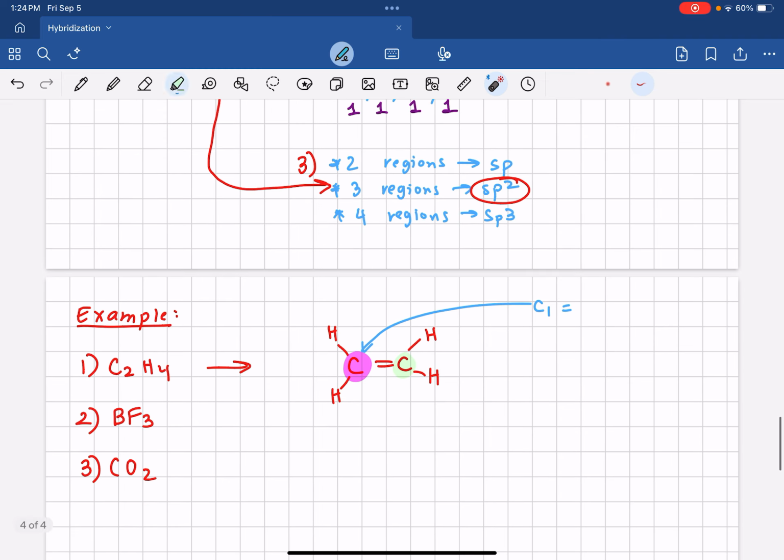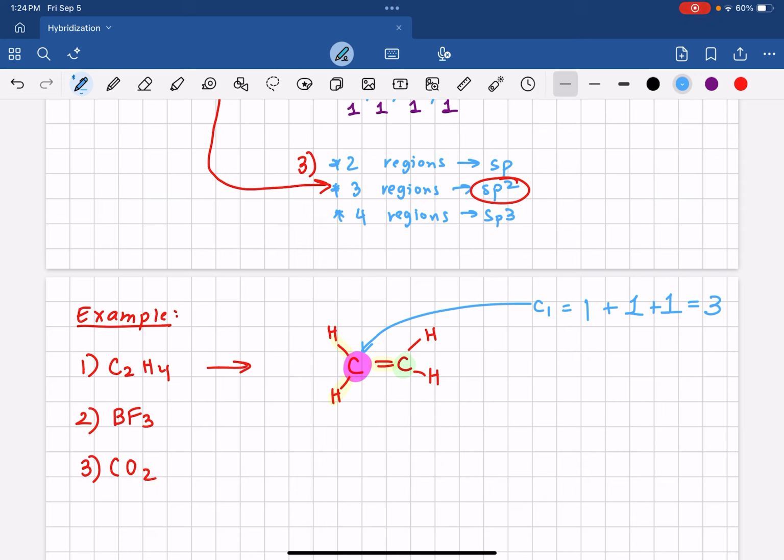So let's go ahead and label it. This carbon is connected to a double bond, which counts as 1, plus it is also connected to a hydrogen here and a hydrogen here. That counts as 1 plus 1. So 1 plus 1 plus 1 is 3.